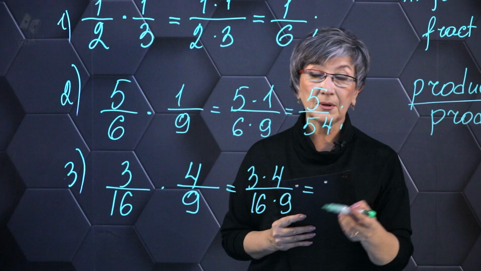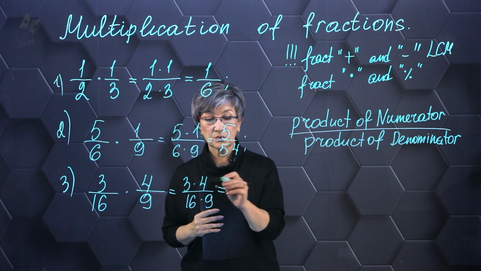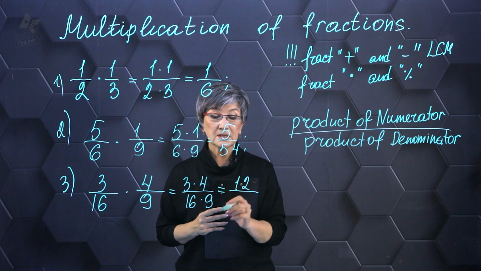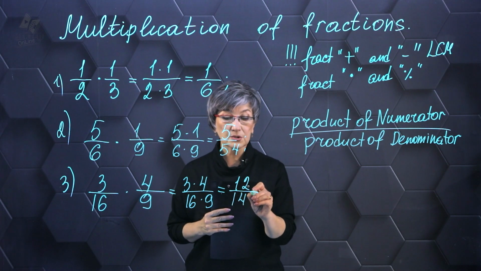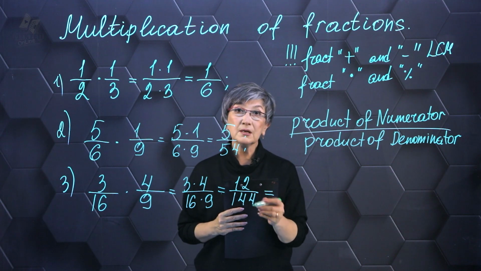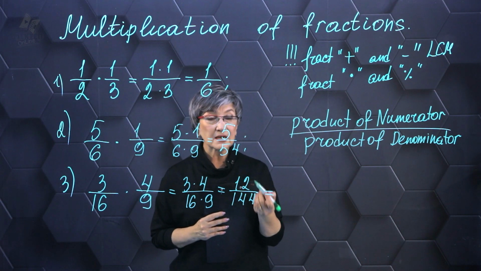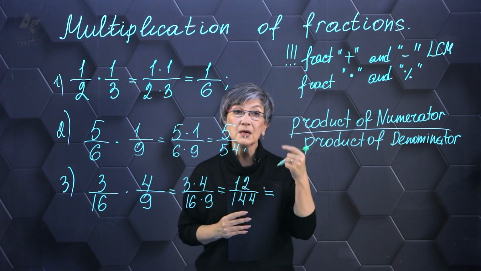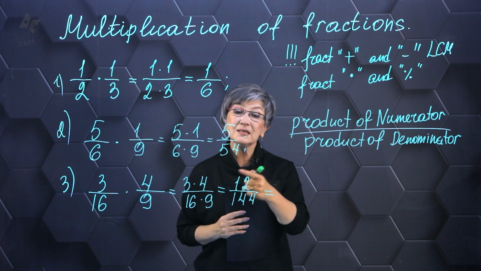The result is that I get the following fraction. 3 times 4 is 12, and 16 times 9, that's 144. According to the rules, we must write down the irreducible fraction in our answer. That is, we must pay attention to our answer and consider whether we can reduce the given fraction.